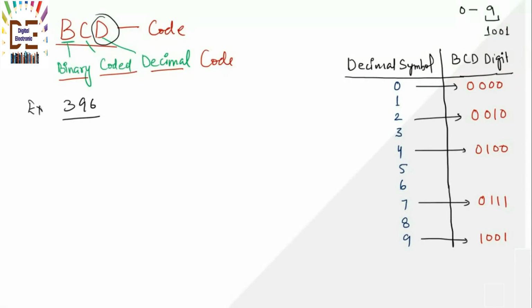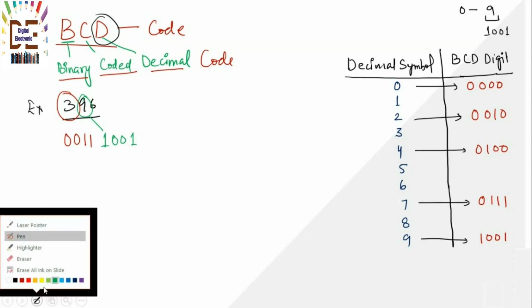So how can we represent a binary coded decimal? If I have 396, I have to represent 396 in binary coded decimal. For 3, I use 0011. For 9, I use 1001.